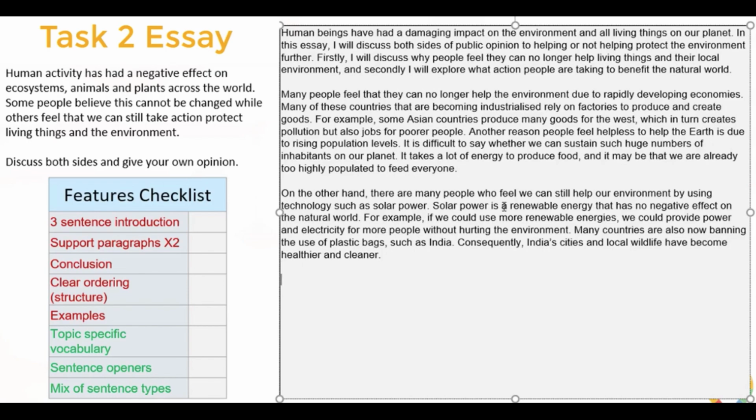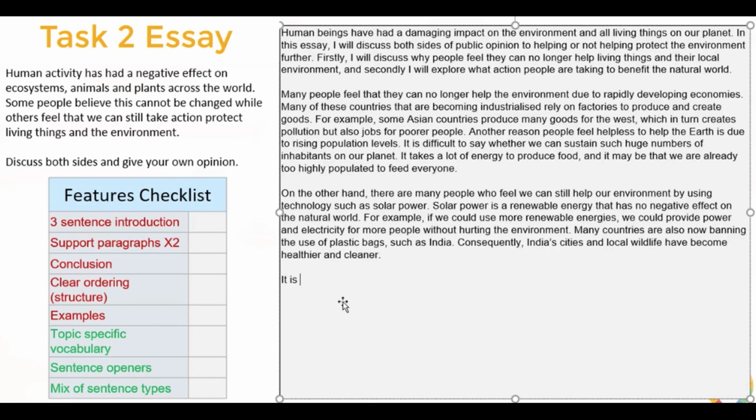Let's move on to our conclusion, which is going to have 2 sentences. So my conclusion will begin with a paraphrased sentence to give an overview of the whole essay.